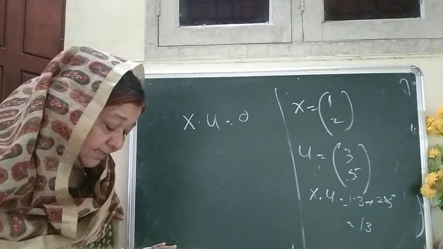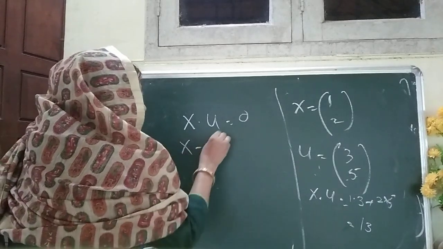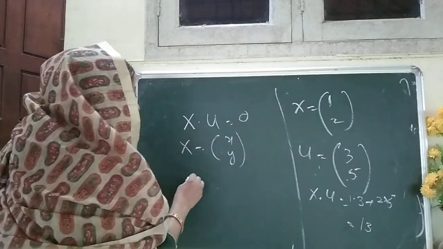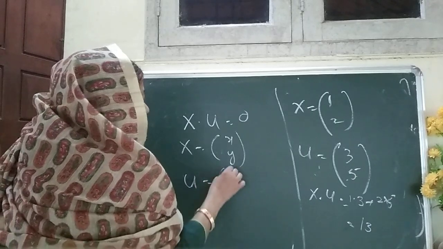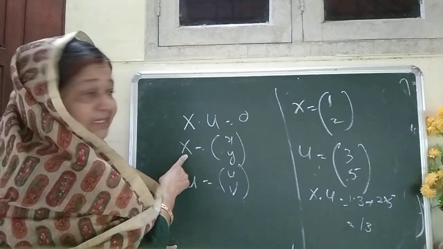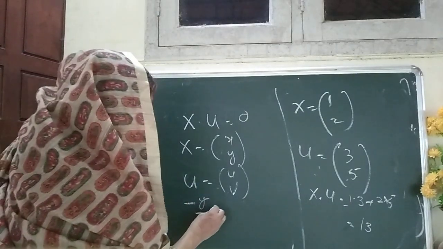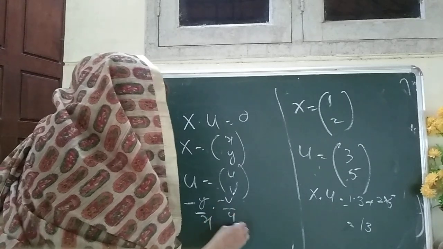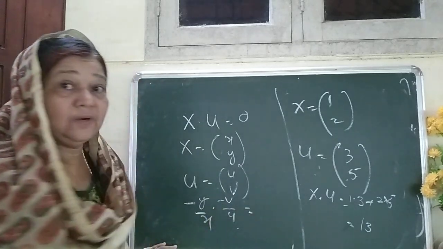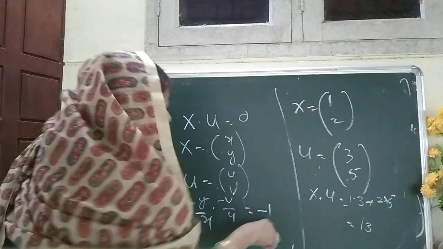Why? If x equals (x, y) and u equals (u, v), then the slope of the first vector is minus y by x, and for the second it is minus v by u. If the two lines are perpendicular, the product of their slopes is minus 1.